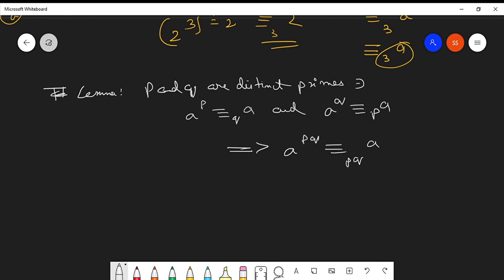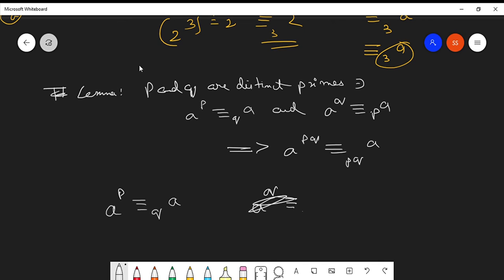Now, how can you actually prove this? So you can see here that, okay, so see, you have got that a to the power p is congruent to a mod q. Okay. And a to the power q is also congruent to a mod p.